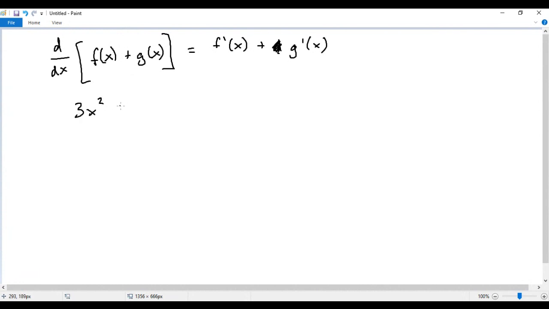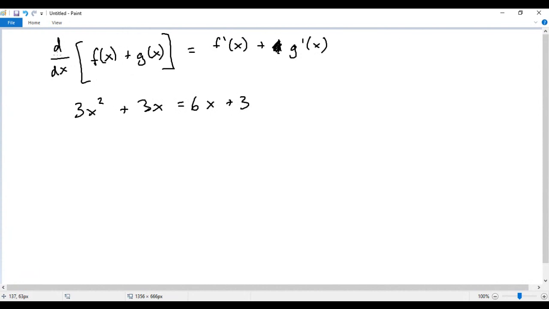So for example, if we had 3x squared plus 3x, then we would just take the derivative of the first, so 6x, plus the derivative of the second, using the power rule on both, plus 3.